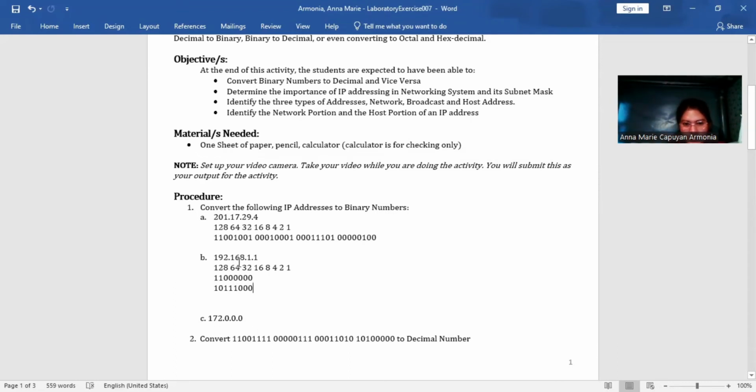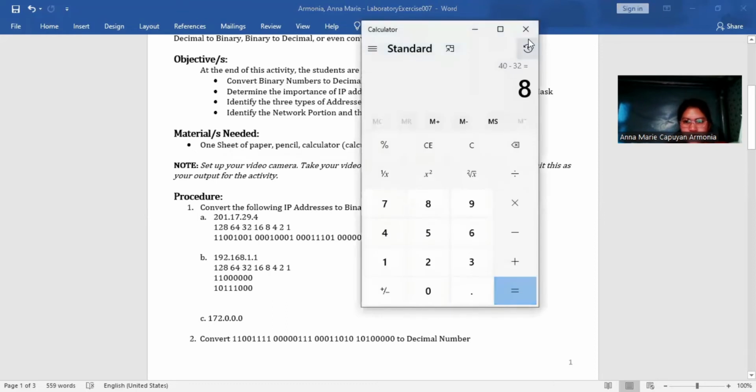Let me do it again. It's 168. So 168 minus 128, meaning 1, then 0, then 32 can be subtracted from 40.